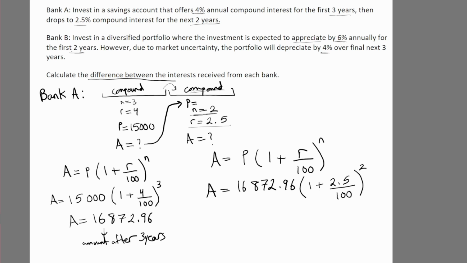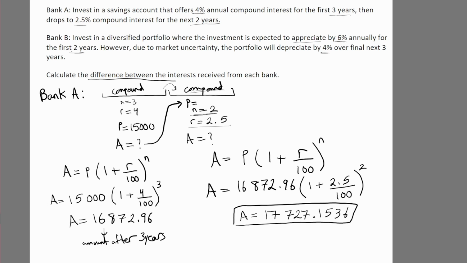So I'm going to go ahead and plug these numbers on the calculator. And we get that the final amount is 17,727.1536. Okay, so this is the final amount of money that you will have after 5 years in Bank A.